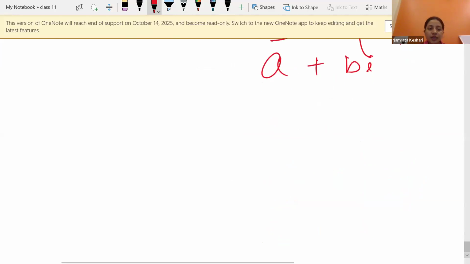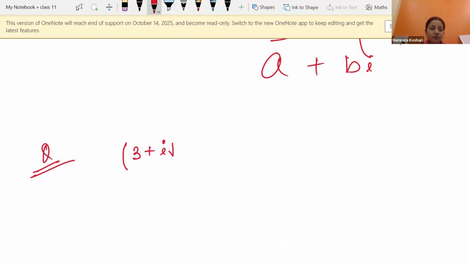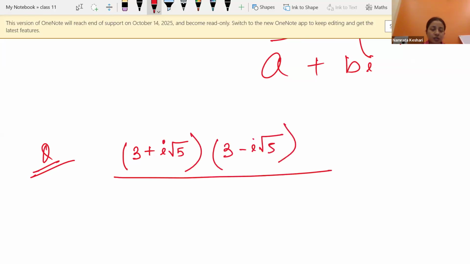Now I am going to take the trickiest question from here. If we are having 3 plus i root 5, 3 minus i root 5 over root 3 plus root 2i minus root 3 minus i root 2.